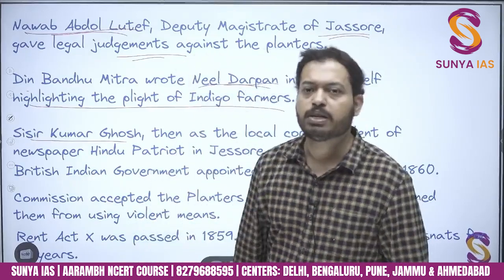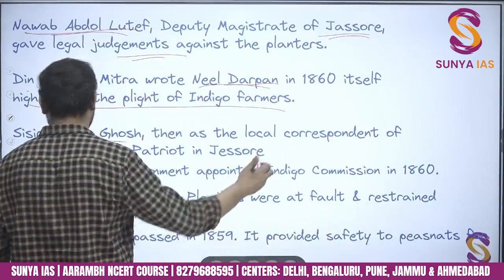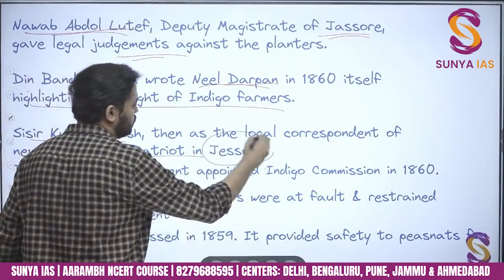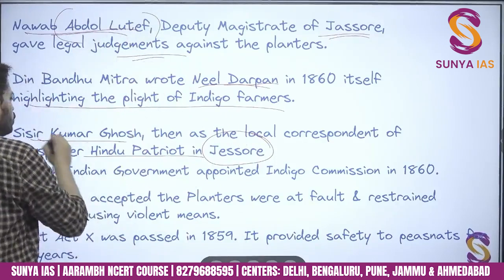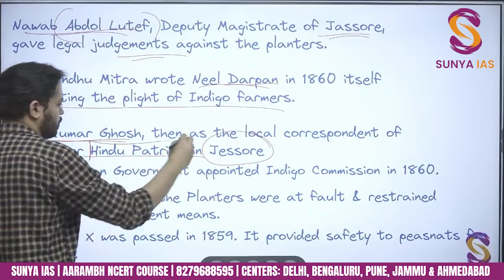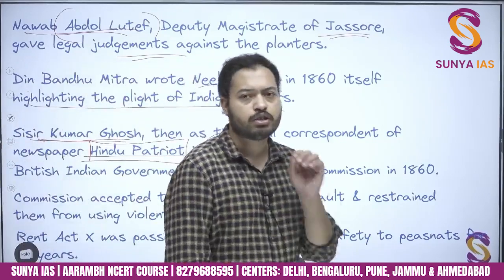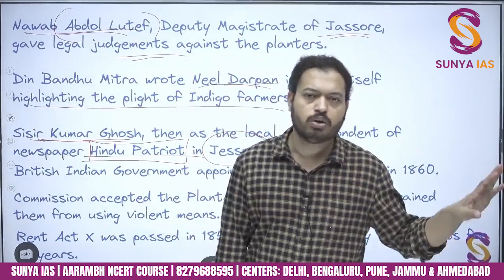But at this time, he was a very young journalist working as a local correspondent for the newspaper Hindu Patriot in the same district, Jessore, where Abdul Latif was working. In the Hindu Patriot he reported about the exploitation happening to the indigo plantation workers.